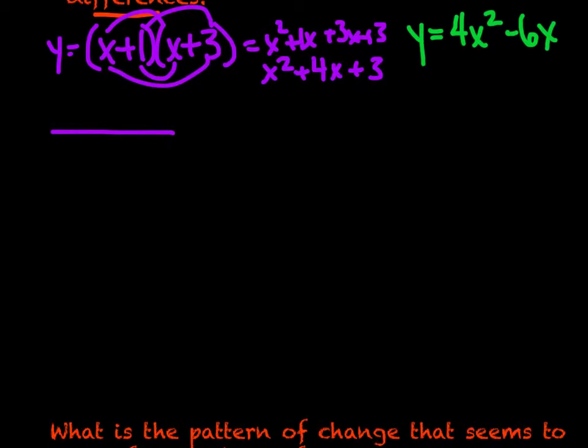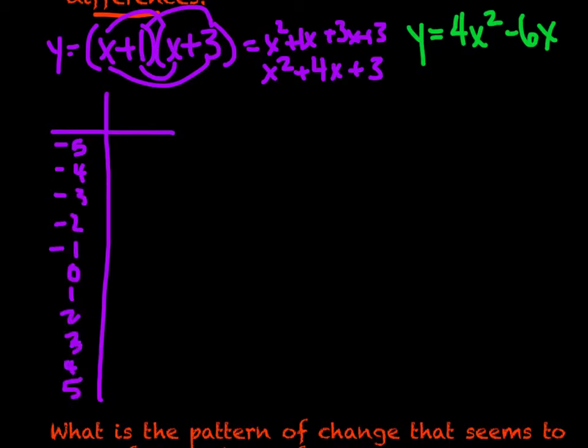First of all, they tell us to make a table from -5 to +5. After that, we actually need to do a little bit of math work. We need to put -5 into our equation.